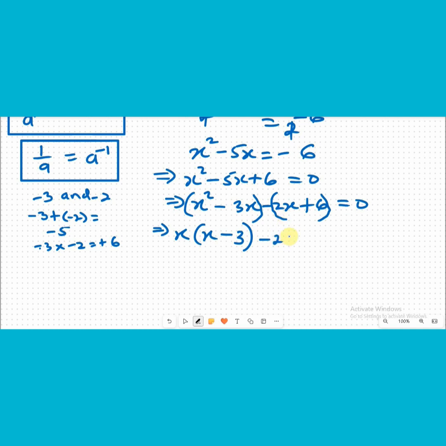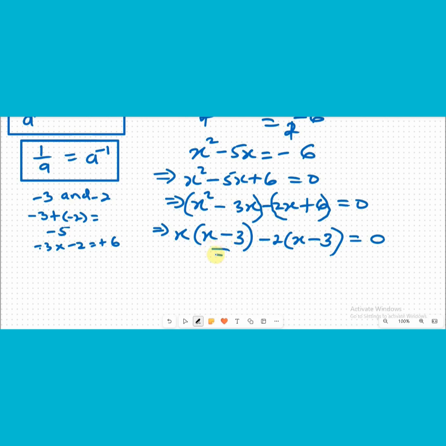Bringing minus 2 out, I'm going to have x here, because minus 2 times x gives minus 2x. And what remains when 6 is divided by minus 2 is minus 3, because minus times minus is plus and 2 times 3 is 6. So the common factor there is minus 2, equal to 0.